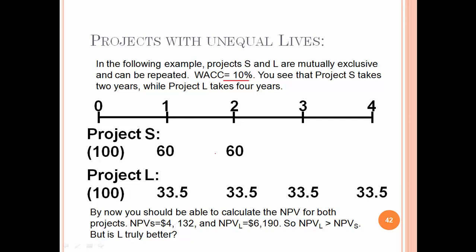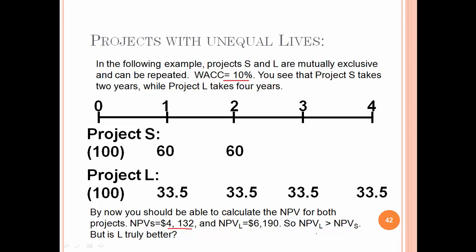And you see that project S takes 2 years and project L takes 4 years. By now, you should be able to calculate the NPV for both projects pretty easily, under 10% WACC. The result shows that for project S, NPV is 4,132 and NPV of project L is 6,190. So apparently, NPV of project L is greater than the NPV of project S.